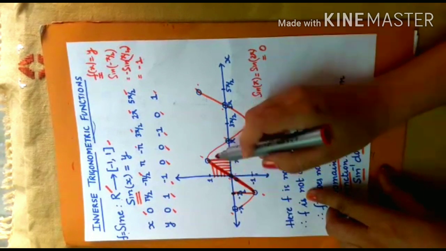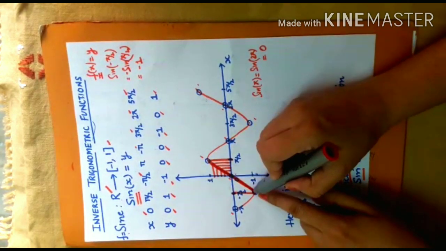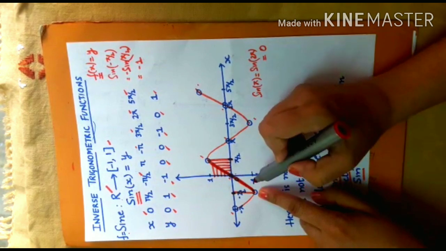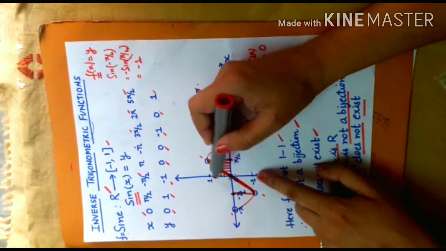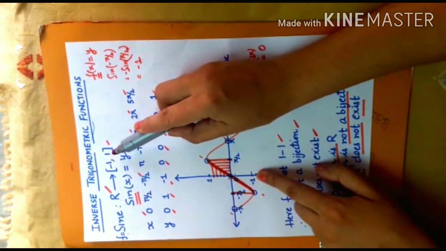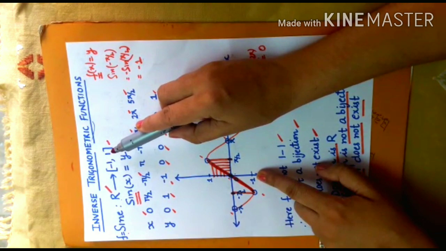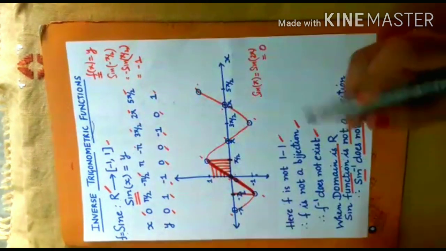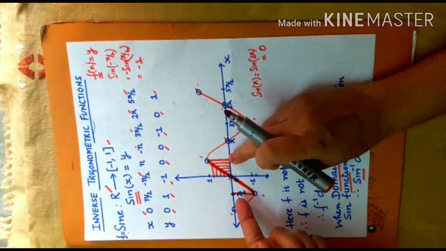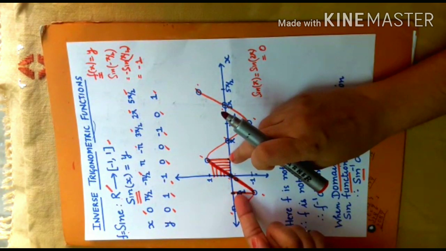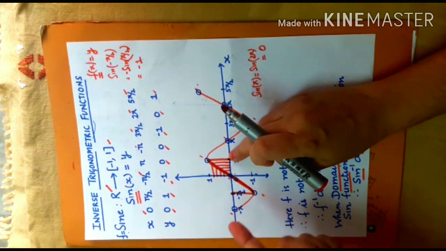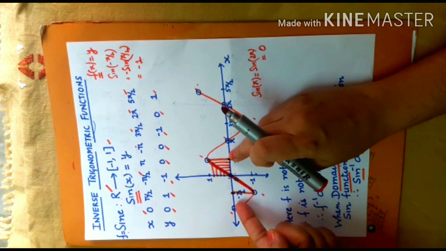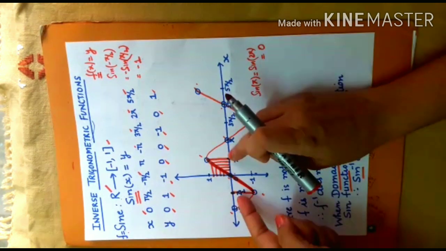Similarly here also, and also the function is onto, because function is taking all the values from minus 1 to 1. So range of the function is equal to the codomain. So function is onto. That means if I restrict my domain to the closed interval minus pi by 2 to pi by 2, the sine function will become both 1 to 1 and onto, therefore a bijection. So I can talk of its inverse in this.